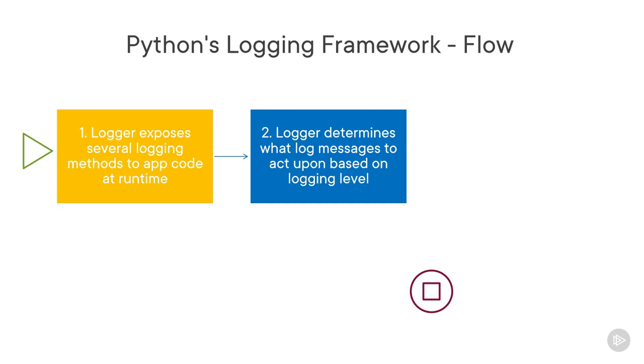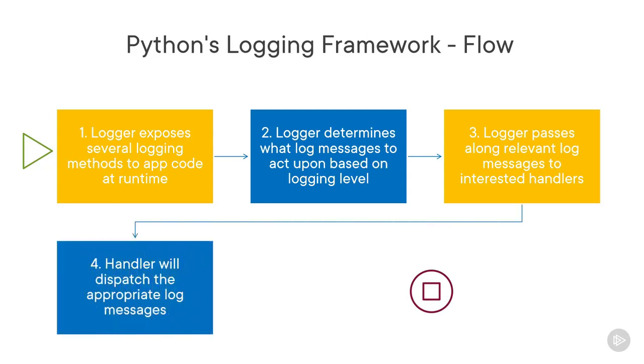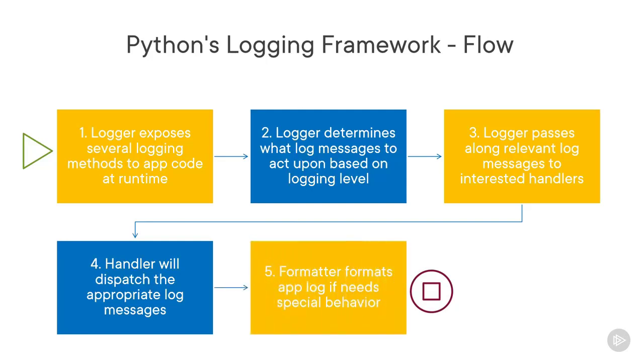And we'll talk about the logging levels in just a second here. Third up is that the logger passes along the relevant log messages to the interested handlers. And we just talked about the various handlers. And then the handler that takes it will dispatch the appropriate log messages. And finally, the formatter is going to format the app log for any specific behavior or formatting that's needed.